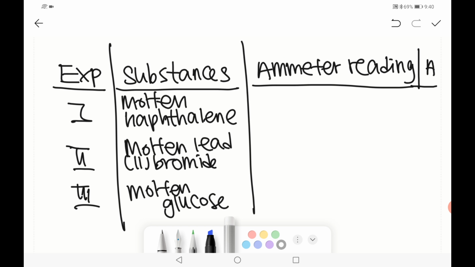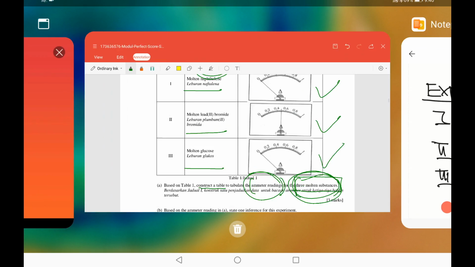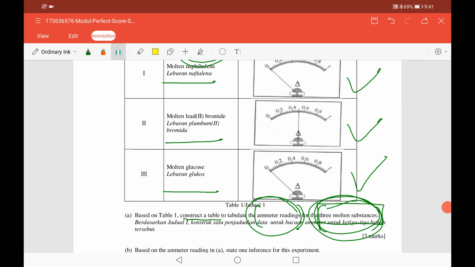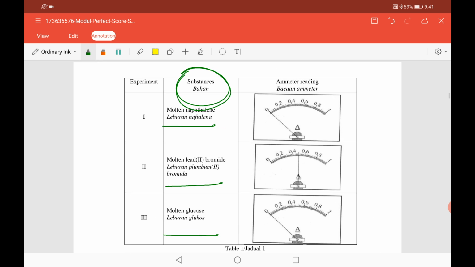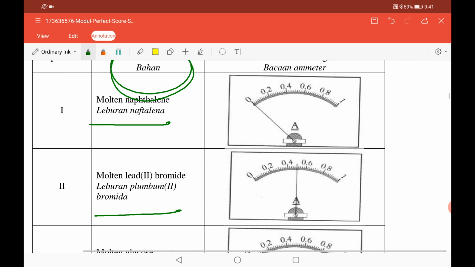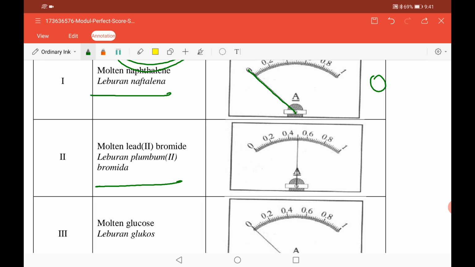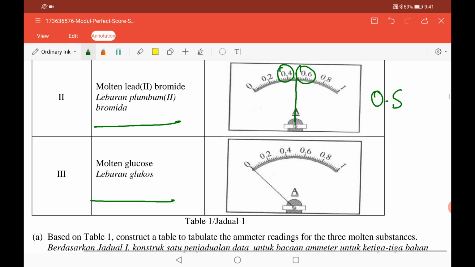So now go back to the table we have. In this case, what is a proper ammeter reading that we should use? For this ammeter reading, many people will see over here the reading is 0. For this one, many people will see 0.4 and 0.6, and in the middle it's 0.5. And over here, it's 0.